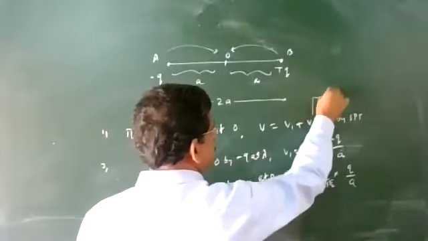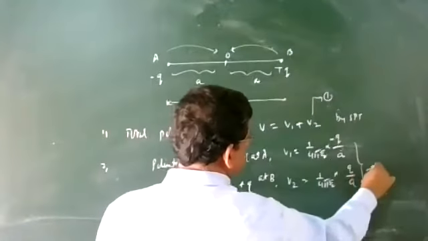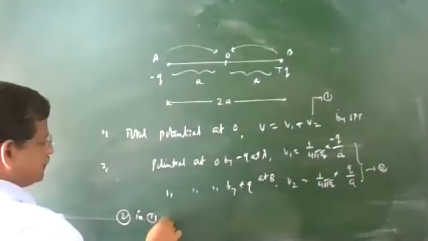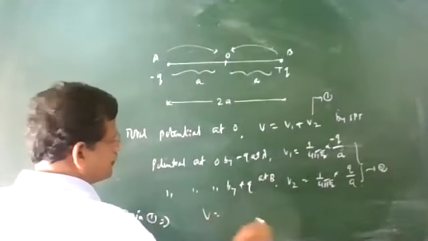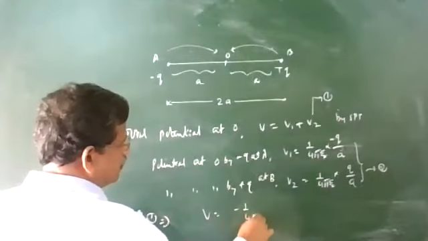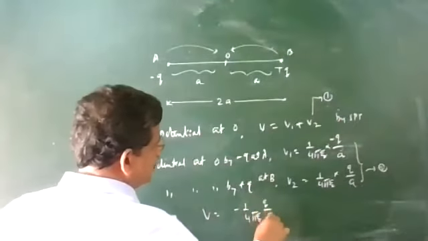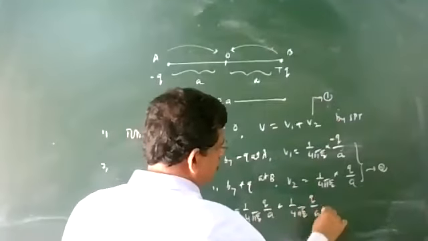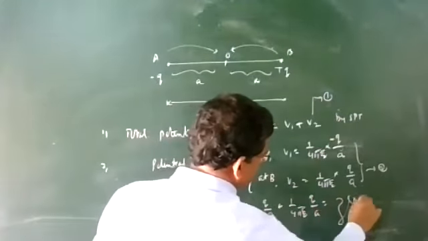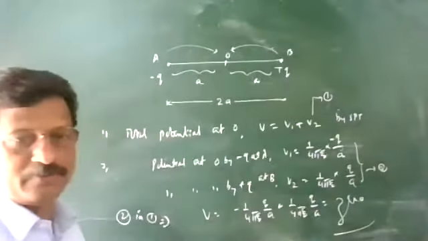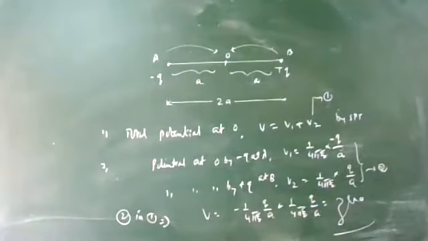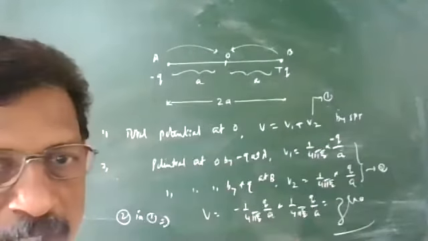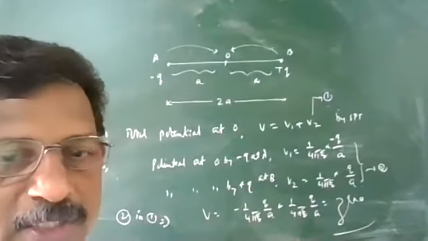So in equation 1, total potential is minus 1 by 4 epsilon 0 Q by A plus 1 by 4 epsilon 0 Q by A. The potential at the center point is 0. Potential at the midpoint of the line joining two equal and opposite charges is equal to 0.